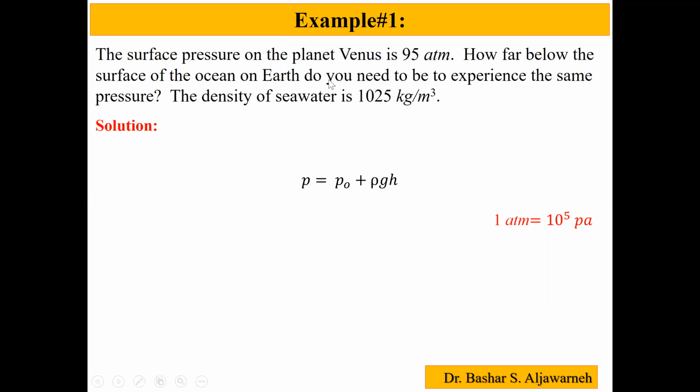Now, from the question, the total pressure is 95 atmospheres. So here, 95 equals 1 atmosphere plus rho gh. But be careful. Up to this point, you need to convert from atmospheres into Pascals to get the height in units of meters.